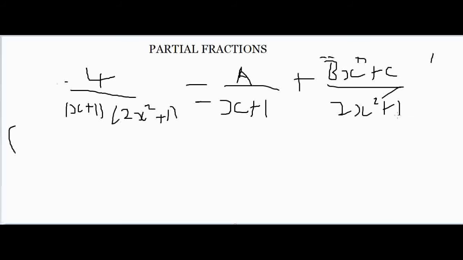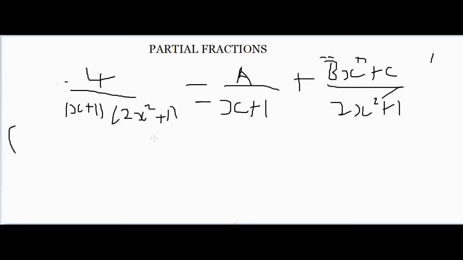So that's what happens when there's a quadratic factor. For all the unrepeated quadratic factors, you would have to put one variable alongside one constant and then another constant. So bx plus c.